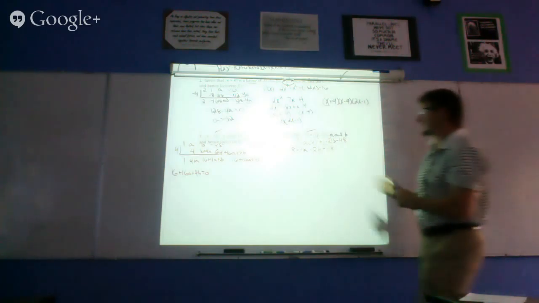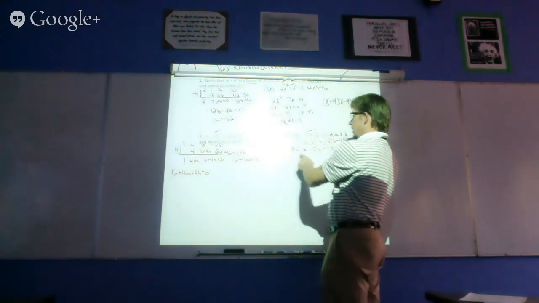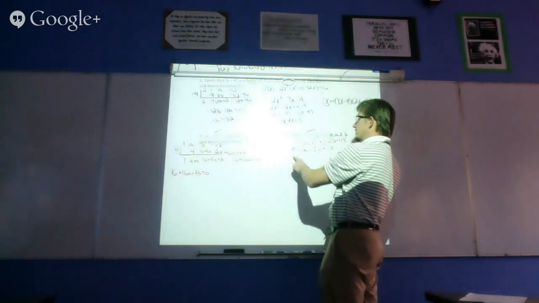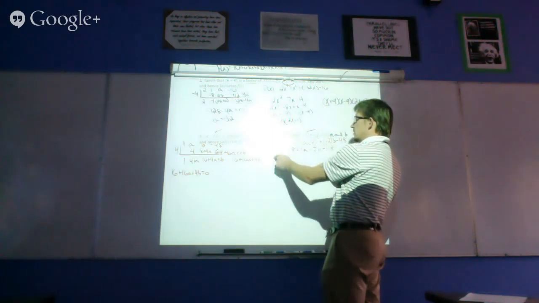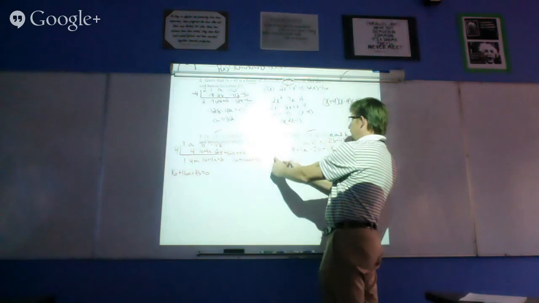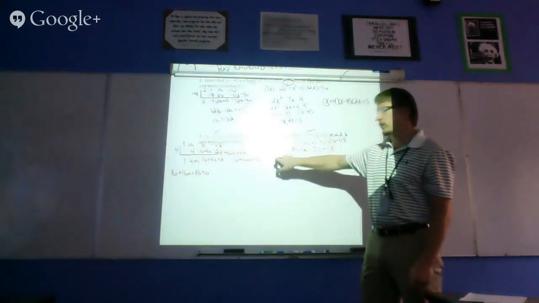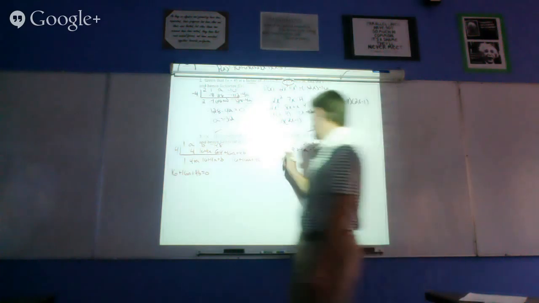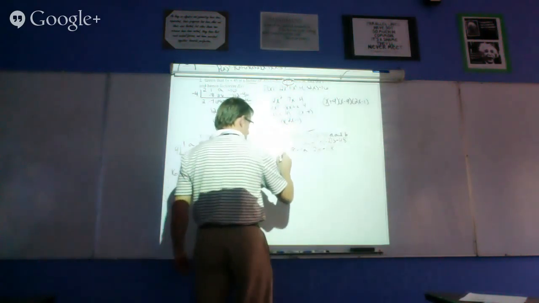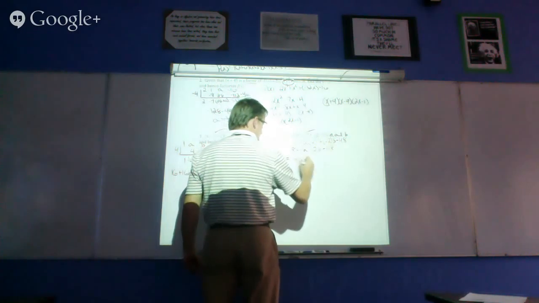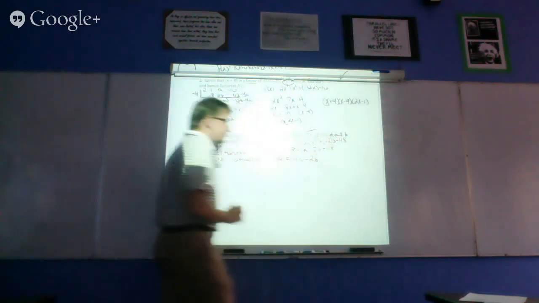Well, I would clean this up to get A's and B's on one side, constants on the other. So add 8, that makes -4. Add 48, so 48 and -4 is 44, equal to 4A minus 2B.